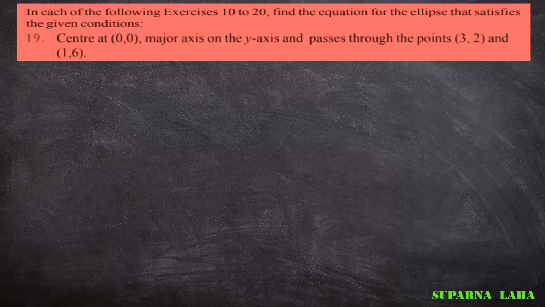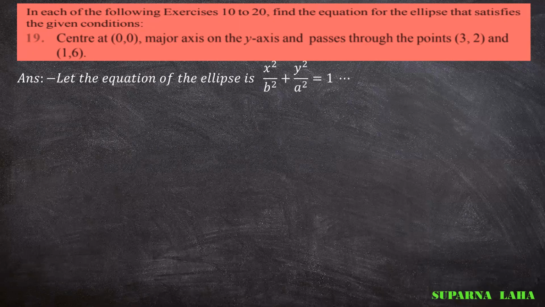Now moving to the next question, question number 19. Center at the origin, major axis is y-axis and passes through the points 3, 2 and 1, 6. Any general equation of the ellipse whose major axis is the y-axis and center at the origin is x square by b square plus y square by a square is equals to 1.